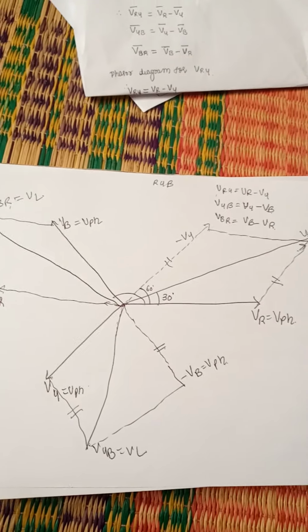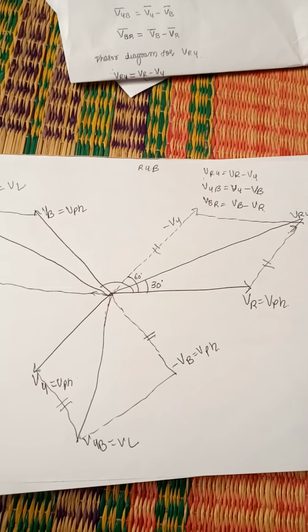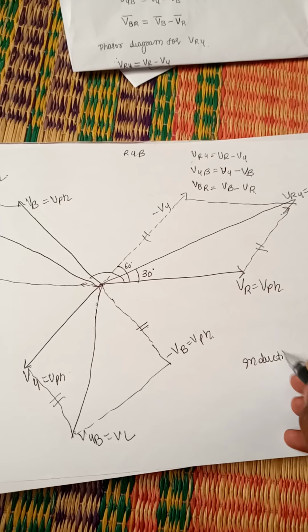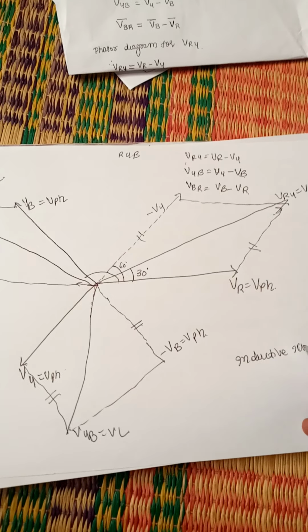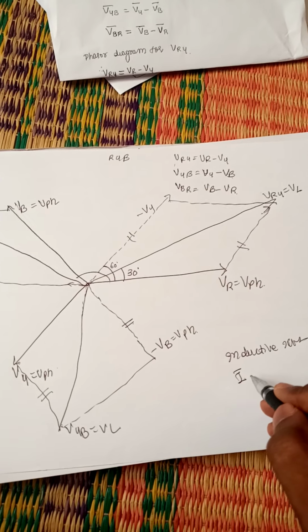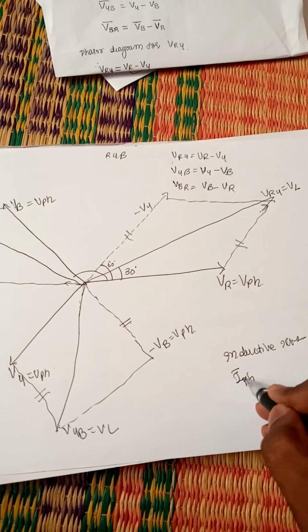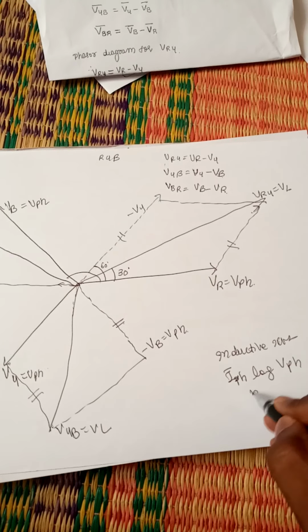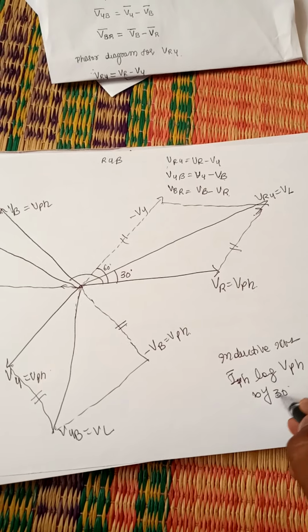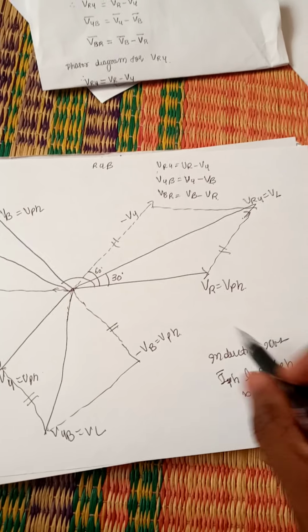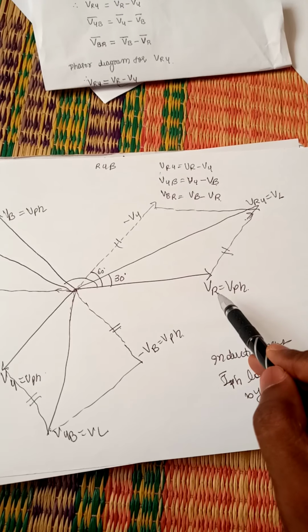After this, one thing keep in your mind, this is an inductive circuit. So in the inductive circuit, what happens? The current, that is phase current IPH, lags VPH by 30 degrees. Sorry, by pi. That one you have to show here in the diagram. Here you have VPH.